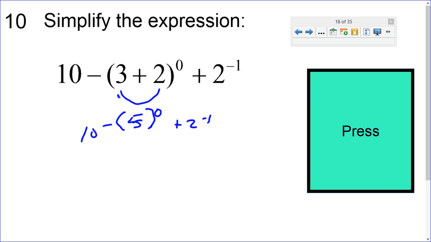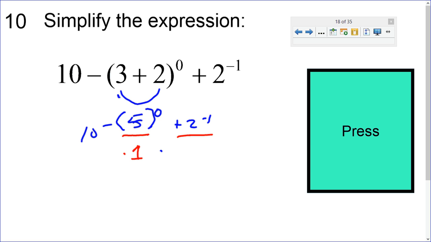Now we do our exponents next. So our exponent over here will be 5 to the 0. Anything raised to the 0 power, we learned, is equal to 1. And we have an exponent over here, 2 to the negative 1. If you remember negative exponents, that's a fraction.